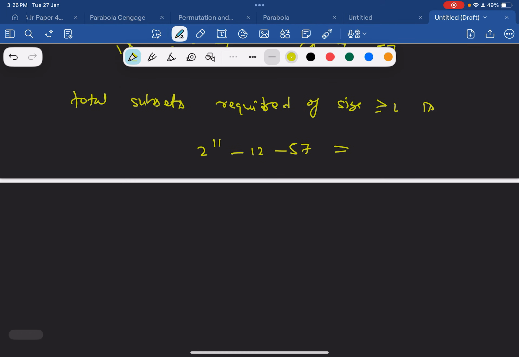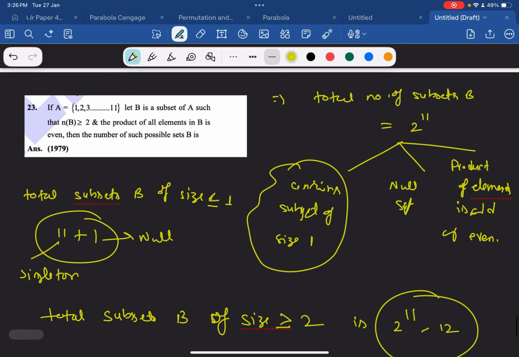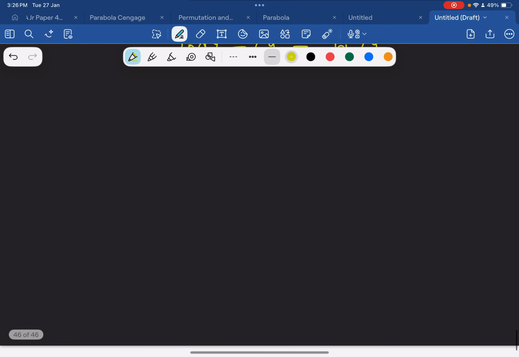Let us calculate and see what we are going to have now. 2 raised to power 10 is 1024, so 2 raised to power 11 will be 2048. So 2048 minus 69. If we subtract, we get 1979, which is the right answer.